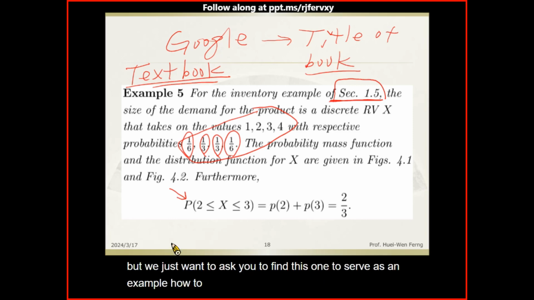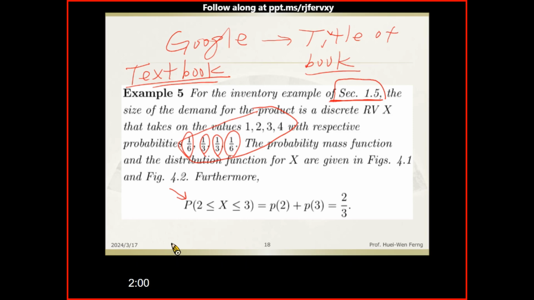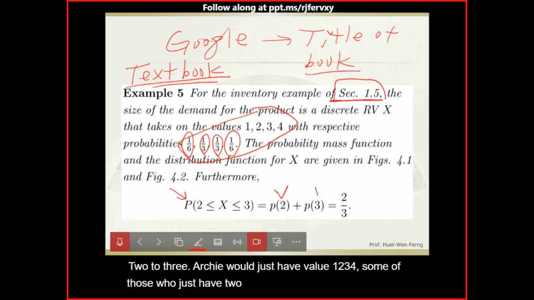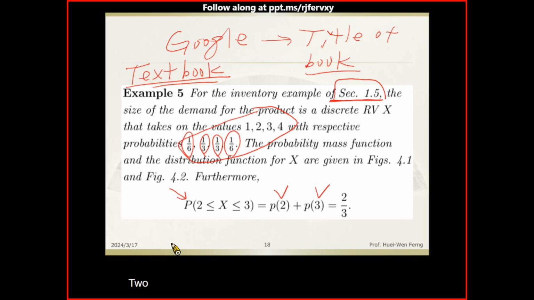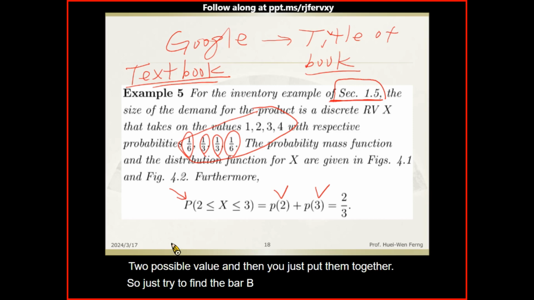For the interval 2 to 3, we just have values 1, 2, 3, 4, so of course we have 2 possible values, 2 and 3. Then you just put them together and find the probability corresponding to 3.